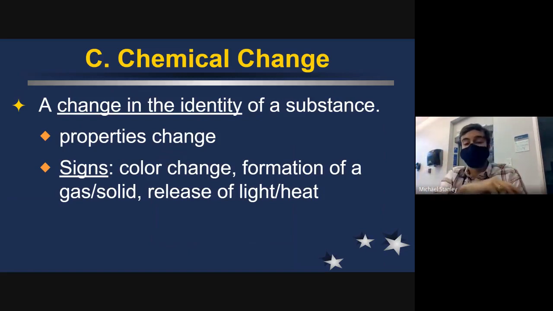So there are all sorts of different ways that you can tell that a chemical change is going on. You could have some sort of change of color, like some sort of unexpected color shows up in your matter. You could have gas or a new solid forming. So a lot of times, a lot of chemical changes result in the formation of a gas. Like when you mix two things together and all of a sudden they start bubbling like crazy. Like if you've ever done the classic vinegar and baking soda experiment, which you see on TV all the time.